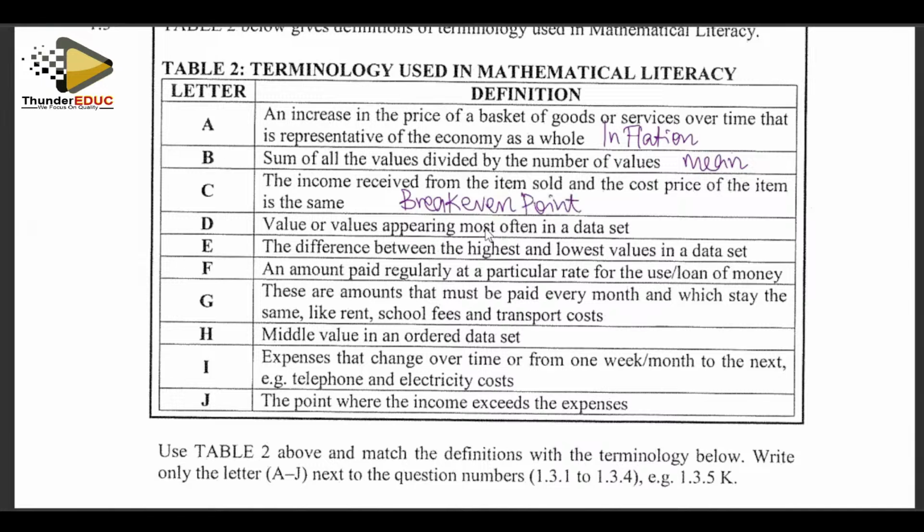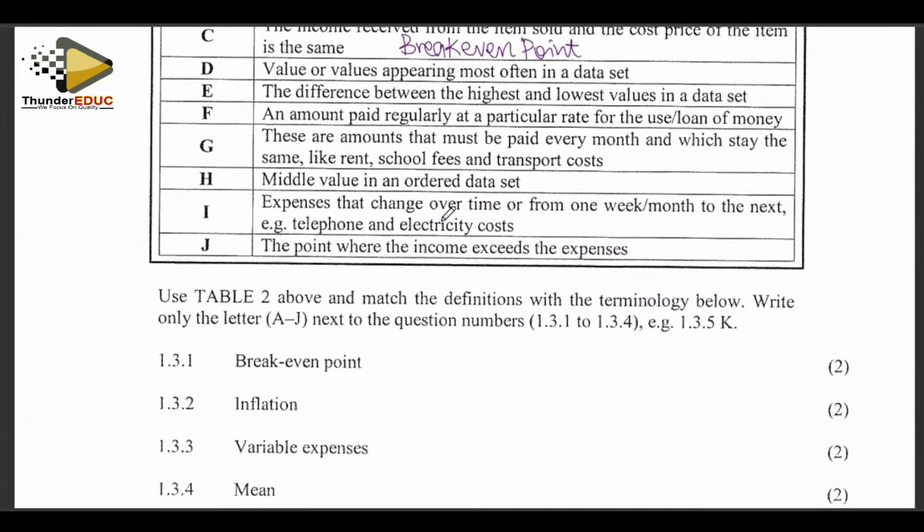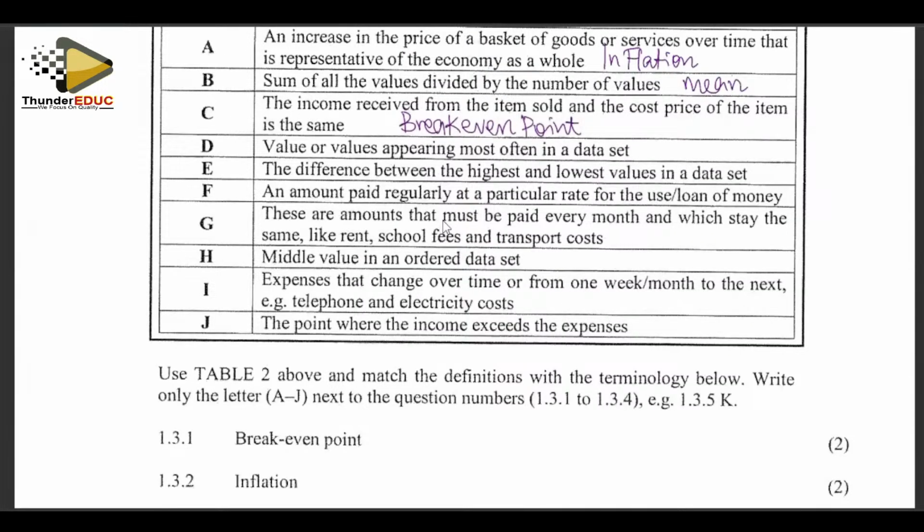Then we come to value. Value appearing most, data handling. This is mode. Then the difference between the highest and the lowest, still data handling. This is range. An amount paid regularly at a particular rate, for the use or loan of money. This could be the installment.